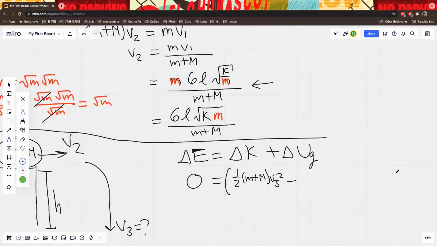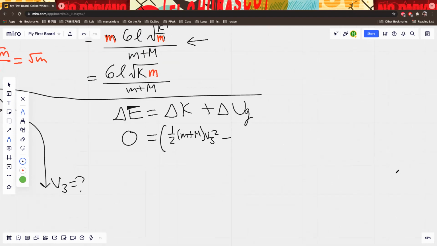Oh wait, final minus initial. That's the final, and the initial is v2 squared. And then plus gravitational. There's no final gravitational, so the initial is just mgh.